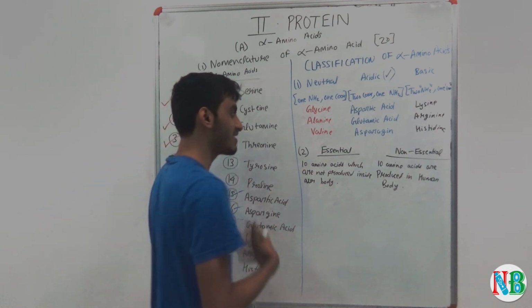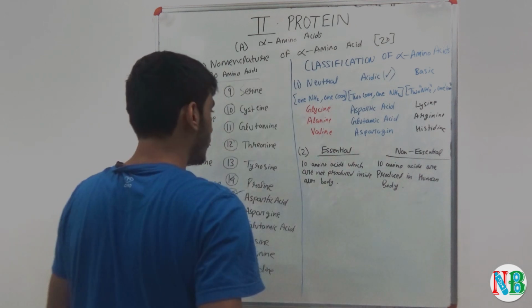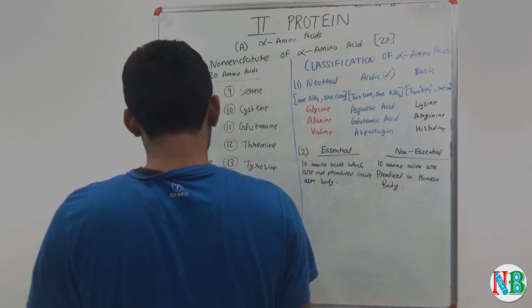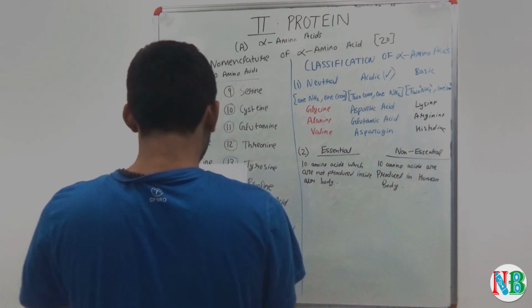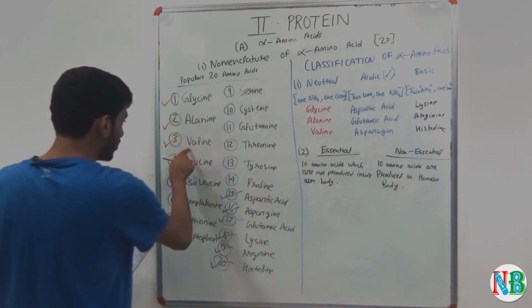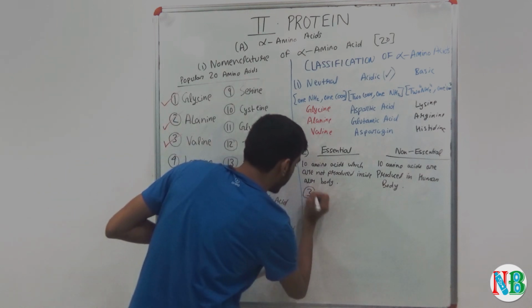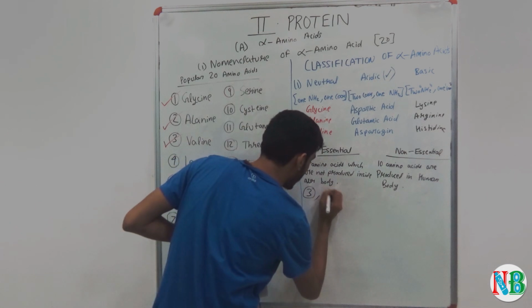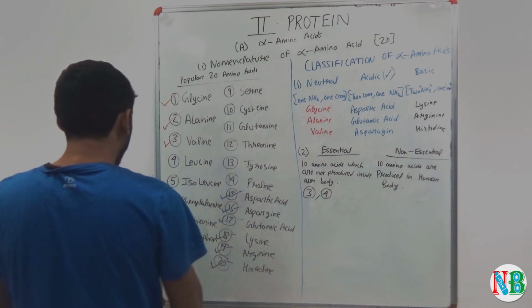So these are the essential amino acids for us. If you have to name which are essential and which are non-essential, the essential amino acids are valine, the third number. Valine is essential, the third number. Leucine, the fourth number, essential, we should have it.